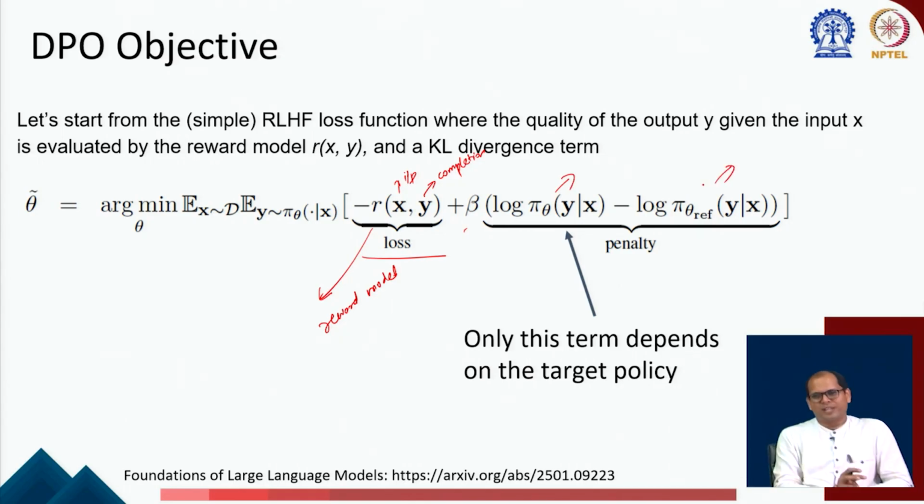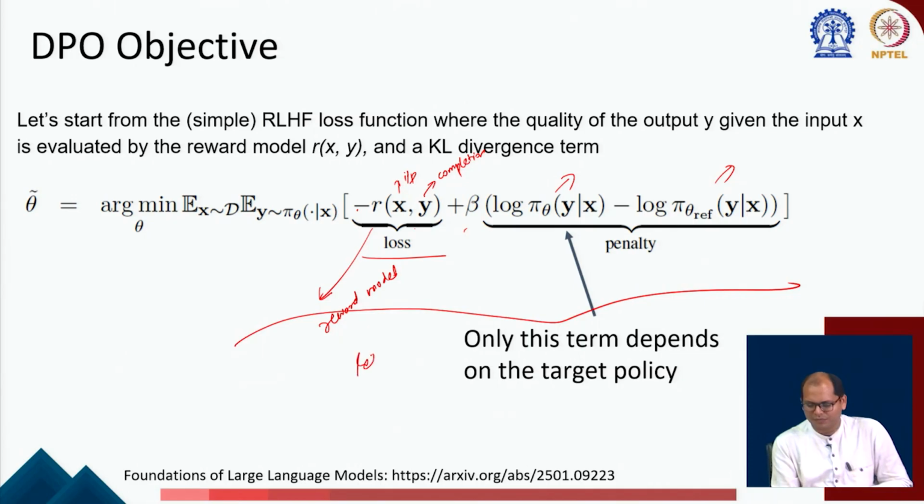That was your objective. Now if you want to convert into a loss, you put a minus sign, so minus of reward plus beta of this, just negation, and you say you want to minimize this loss. So this becomes your loss function, entirely, that you want to minimize. That is your simplified RLHF objective.